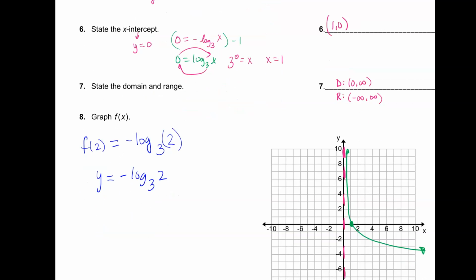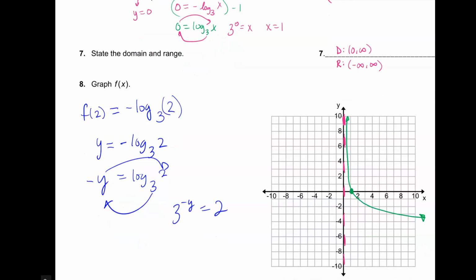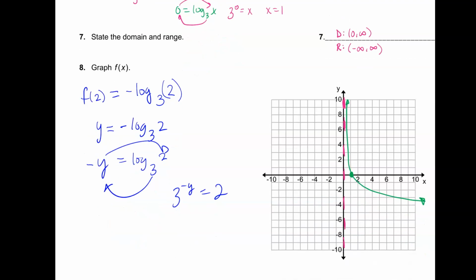Let me move this negative to the other side, multiplying everything by negative 1. So I have negative y is equal to log base 3 of 2. 3 to the negative y is equal to 2. Ay, ay, ay. So it's kind of harder when you're plugging in for x.